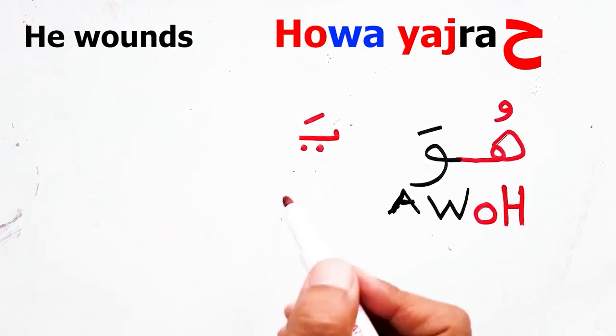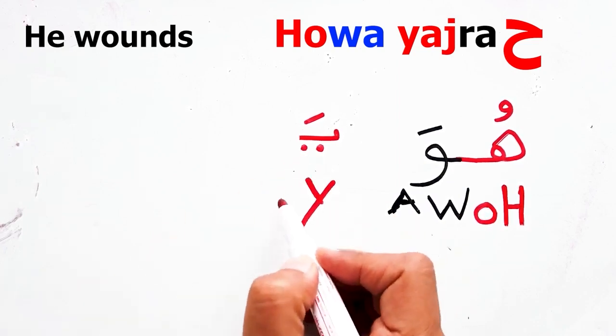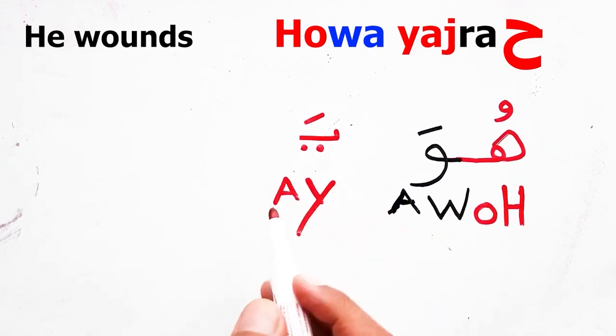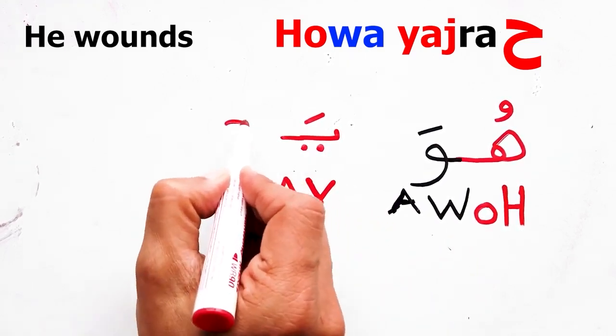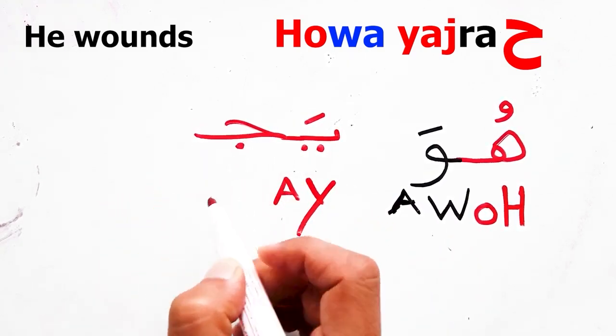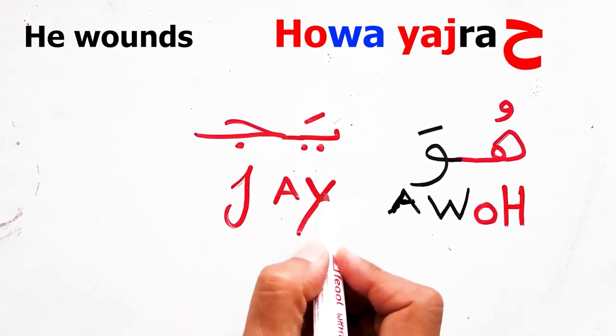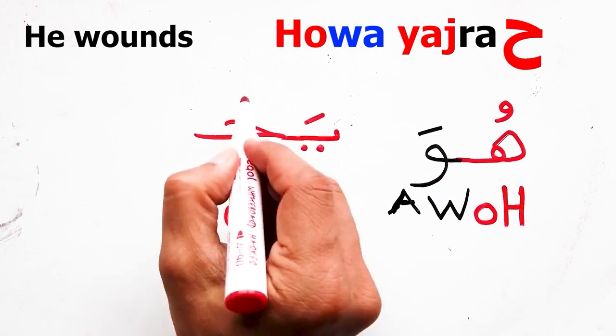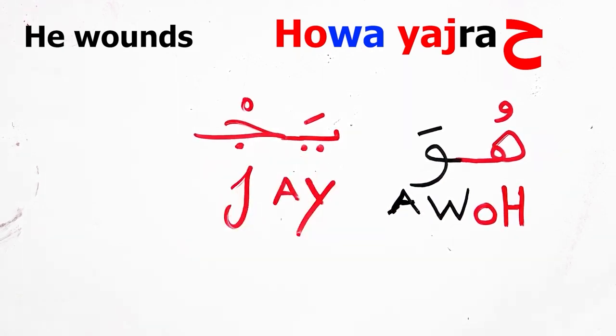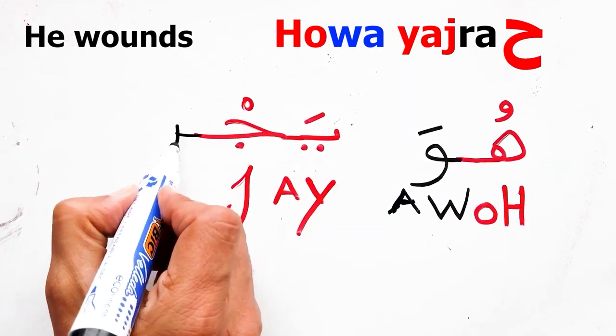So I left this one here. I must add it here. Yeah, it's the same. Ya, j, the sound of J. Okay, so let's add it here. Yaj. We have sukun. Yaj. Ra.